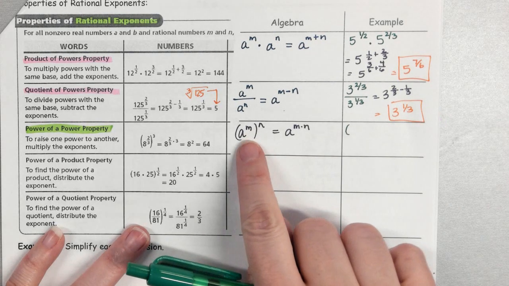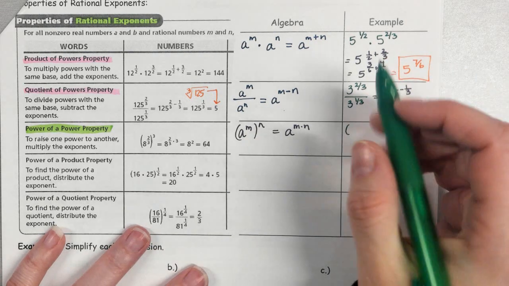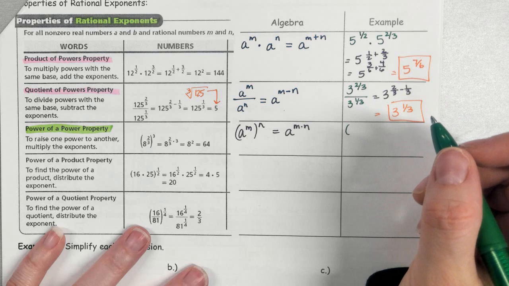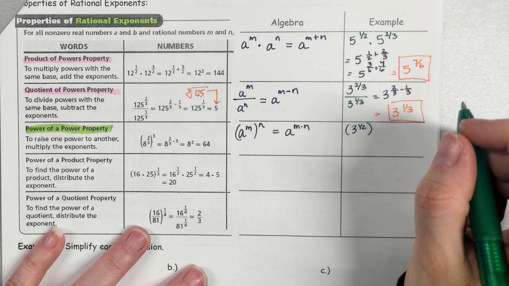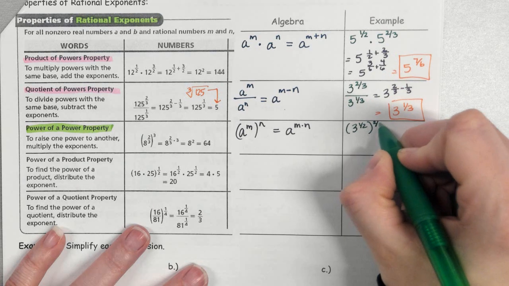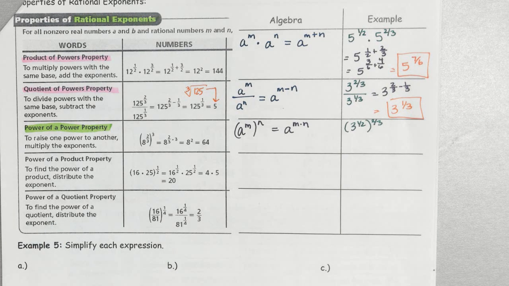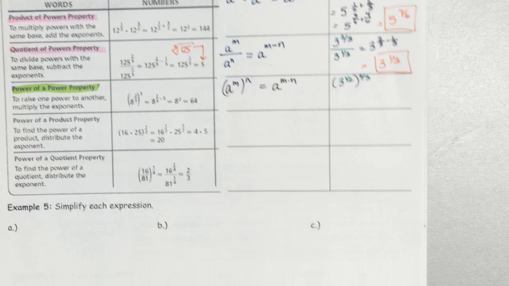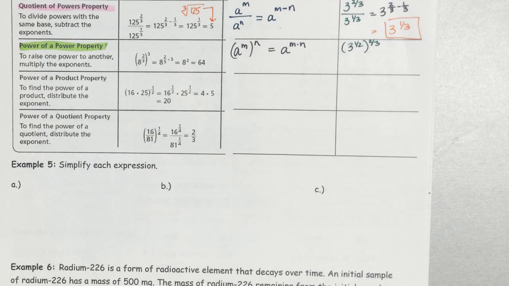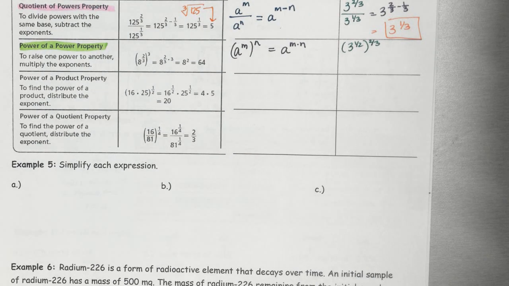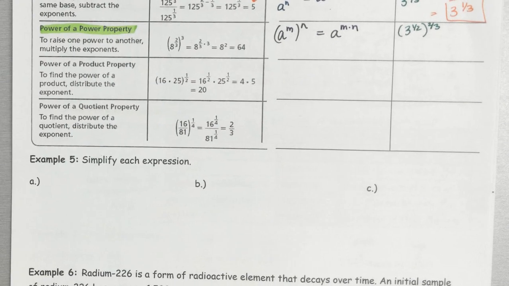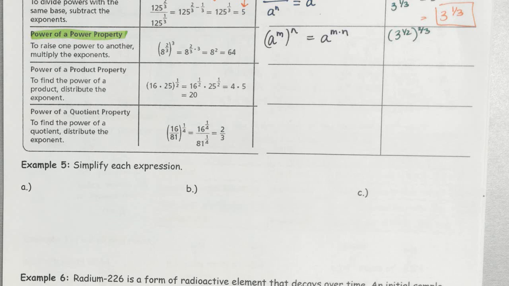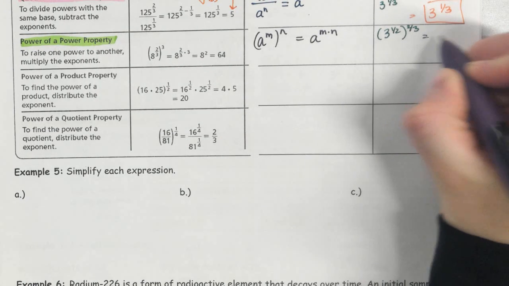And really, this one you will have the parentheses. Okay, so your example is 3 to the 1/2, all to the 2/3. All right, so let's multiply this.